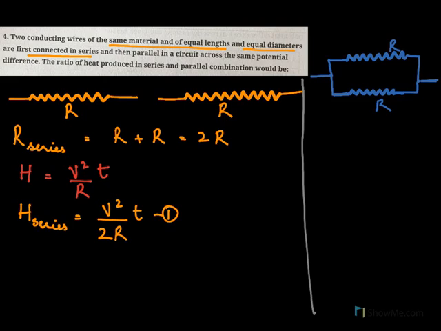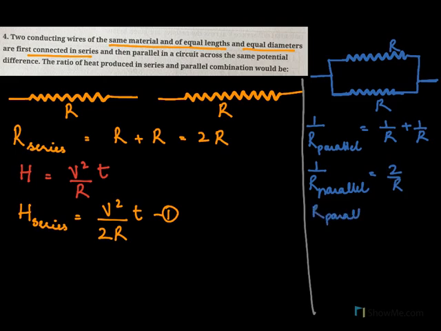So here the same resistances are connected in parallel, which means now the effective resistance in parallel will be 1 by R plus 1 by R. So 1 by R parallel will be equal to 2 by R. So the R parallel will be R by 2.